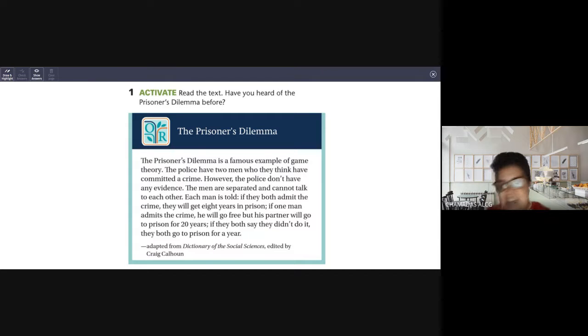And it's really bad because if they both admit the crime, they will get 8 years in prison. If only one man admits the crime, he will go free, but his partner will go to prison for 20 years. That's crazy.